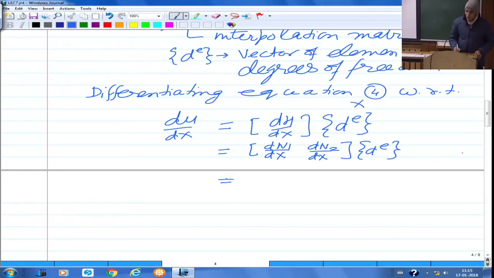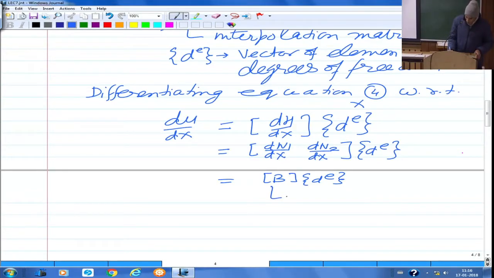We again give a notation to this matrix. What we get here, differentiation of H with respect to X, is the strain displacement matrix. So we usually denote it by B into dE. Now this B, when you multiply it with the vector of elemental degrees of freedom, finally gives you your strain, because du by dx is actually strain.